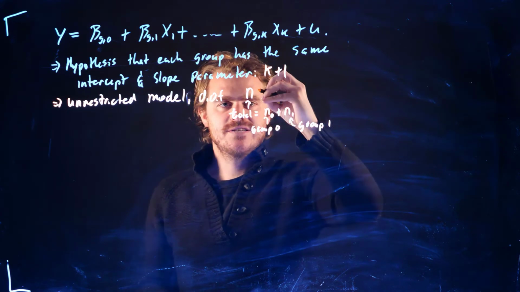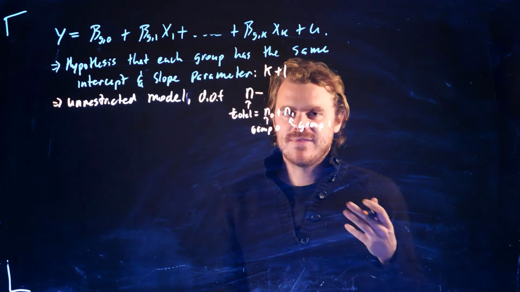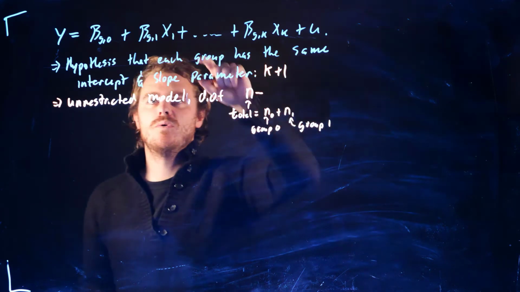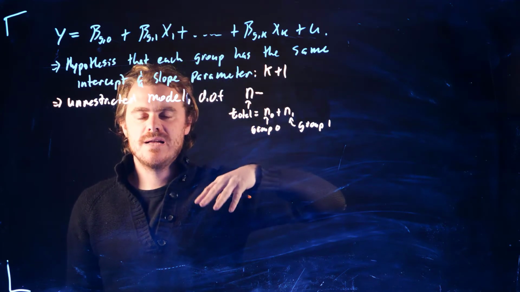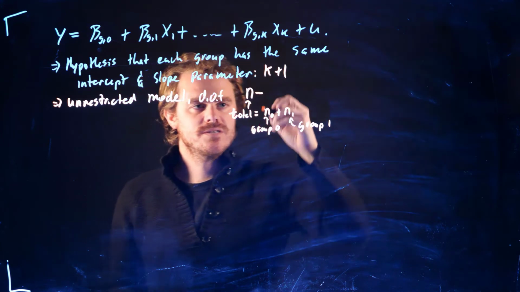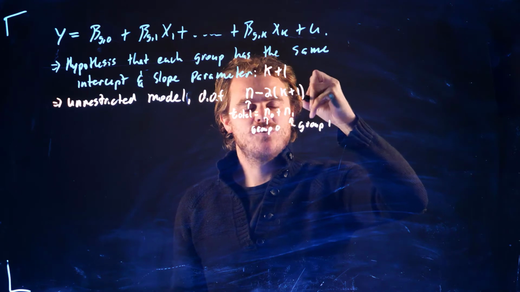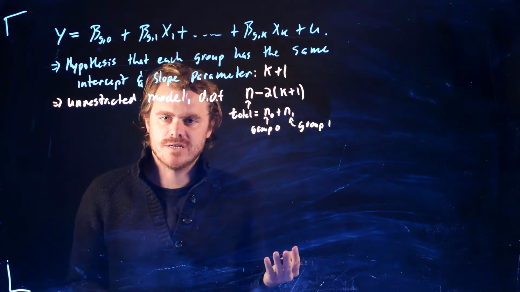Then the degrees of freedom are going to be n minus, and now we have to think about all the parameters that we'd be estimating in the model. Well, we would have k plus 1 parameters for group 0 and k plus 1 parameters for group 1. So here it's n minus 2 times k plus 1. That's the number of degrees of freedom in the unrestricted model.